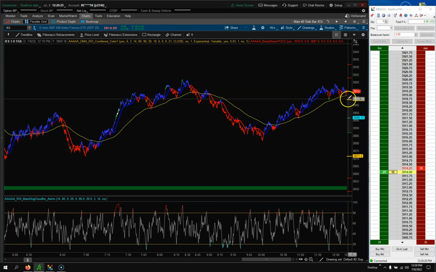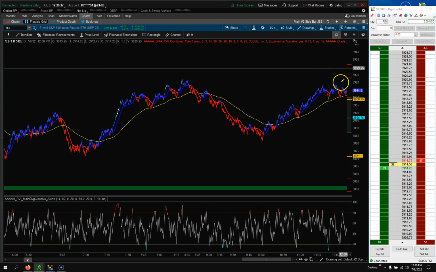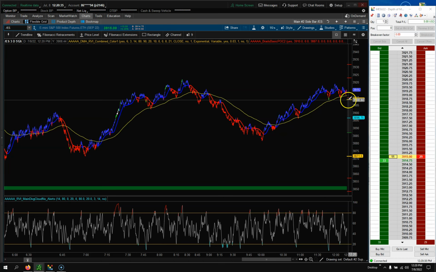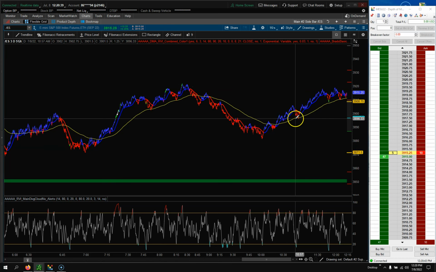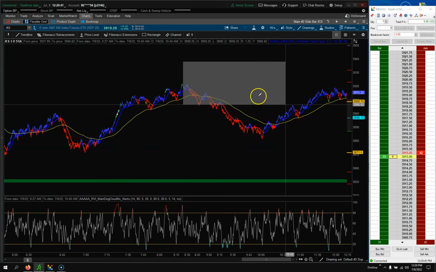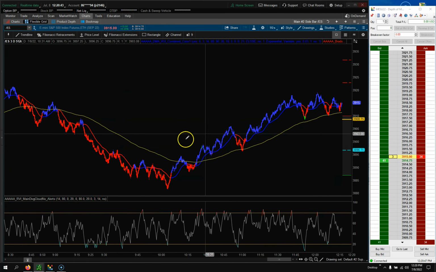Then we also have Shadow Trader levels in there. You could get those from his website every morning. All I care about are value area high and low from the previous day. And then we have a 200 period moving average. And then we have this guy, RVI down below.